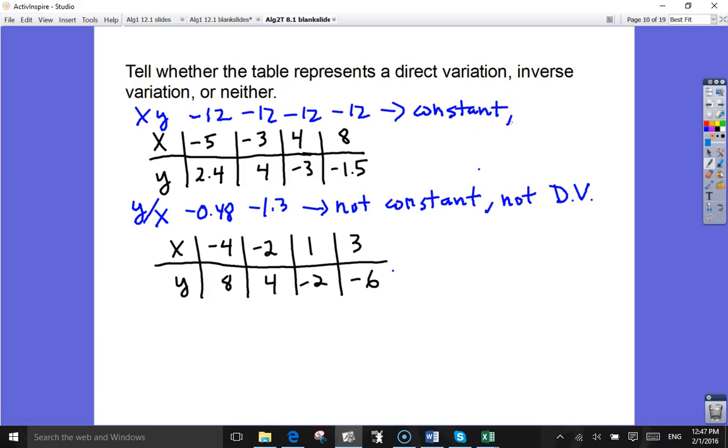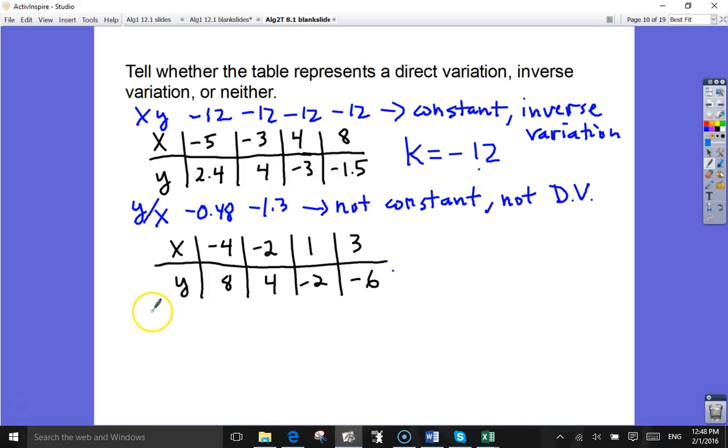Therefore, inverse variation. And what is the value of k? K equals -12.